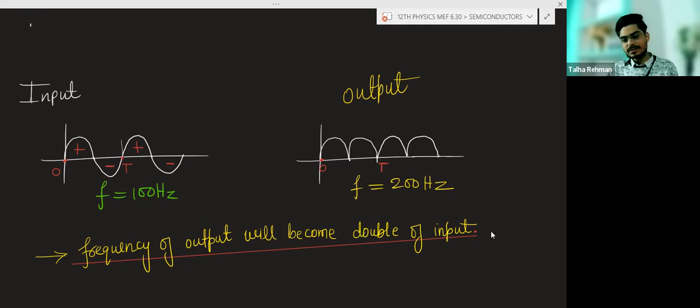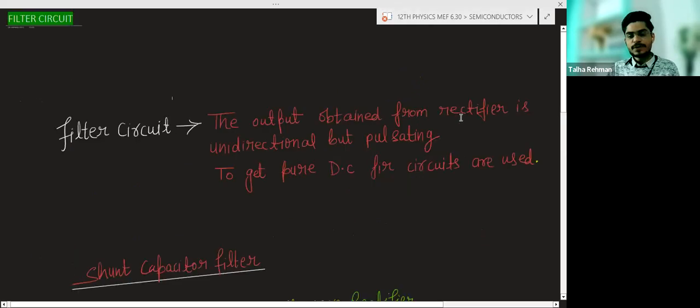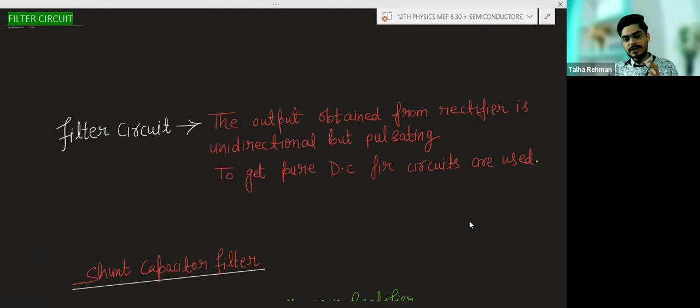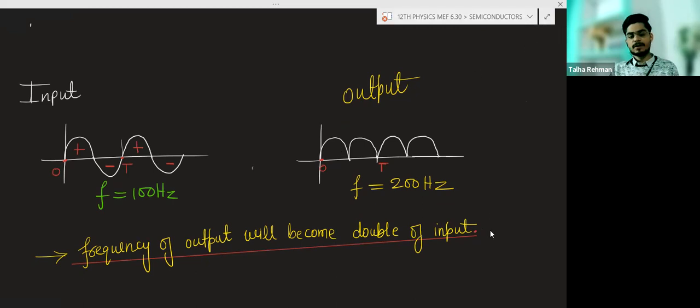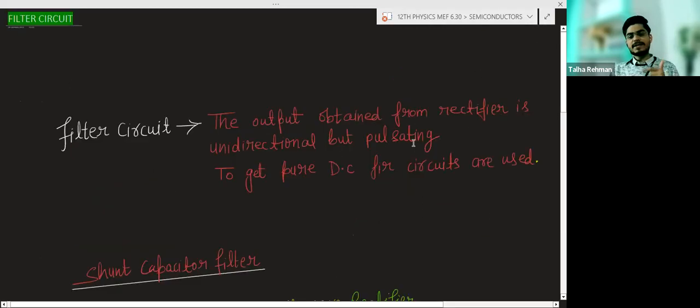So what is the filter circuit? The output obtained from the rectifier is unidirectional but pulsating. Unidirectional means it is only in the positive direction, no current is in the negative direction. Here is positive and negative, here is only positive. Pulsating, like this.